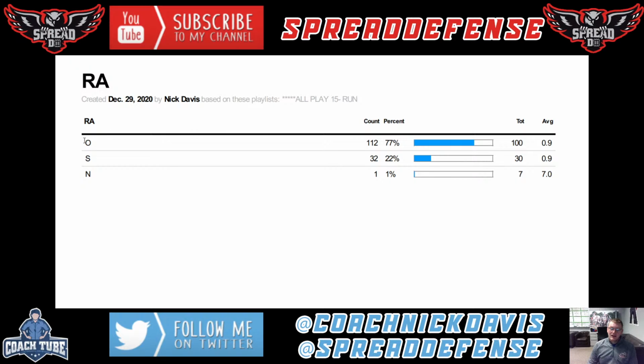But when the running back is in shotgun, 77% of the time he finished opposite of that. Obviously, for 100 yards and a .9 yard average. 22% of the time he finished on the same side, and there's one outlier where there was no running back on a certain run play. So that's where I'll start.